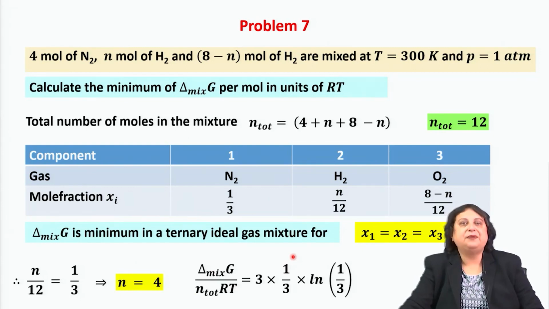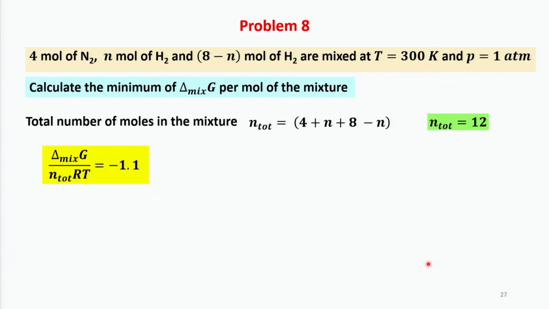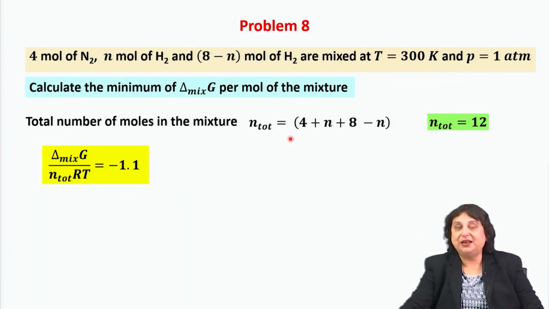And when that happens, I have delta G mix by nRT equal to minus 1.1. Then if, in a trick question, somebody asks you what is the value of the free energy of mixing per mole of the mixture, it is not enough to write this result.